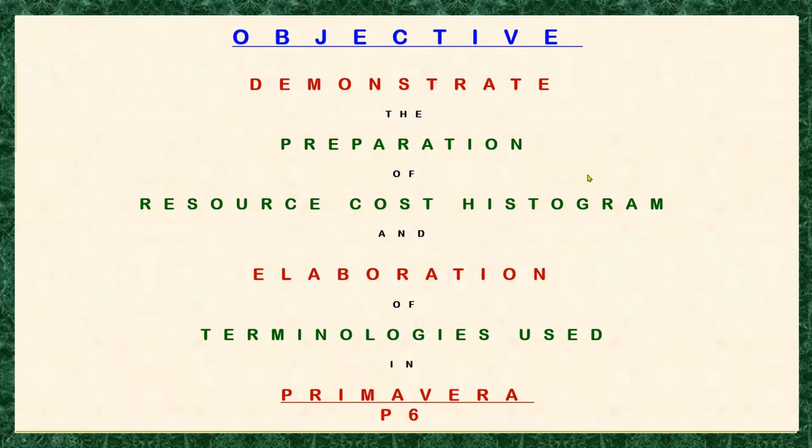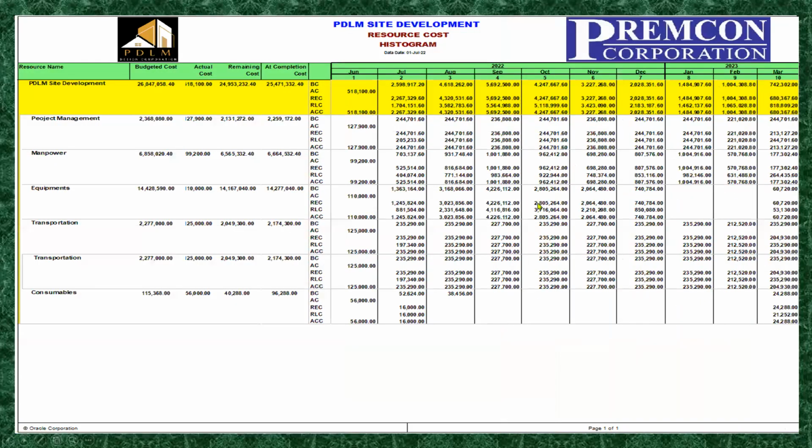So it's not really a long topic. So let's move forward. So here is now the outcome of our resource cost histogram. Okay, and this is what we have just created in Primavera P6.